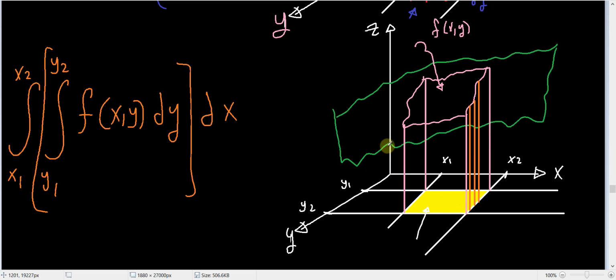Then after that, this function will actually be a function of x only, because I will have substituted some numerical values for y. After that, we will multiply the area of every slice by some change here, some dx in this direction, some very small dx, to get this small volume.